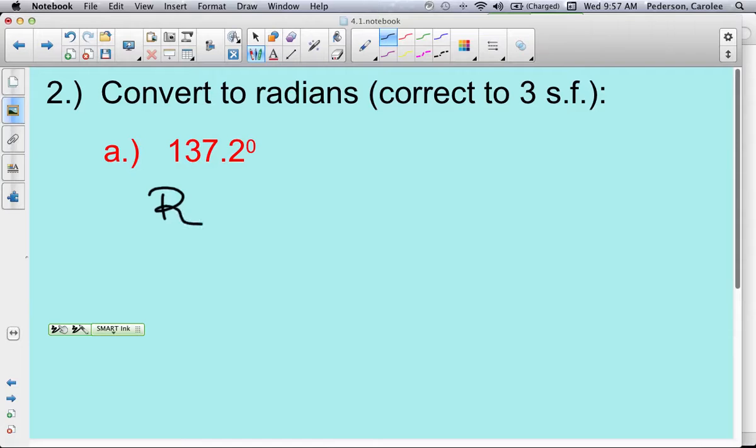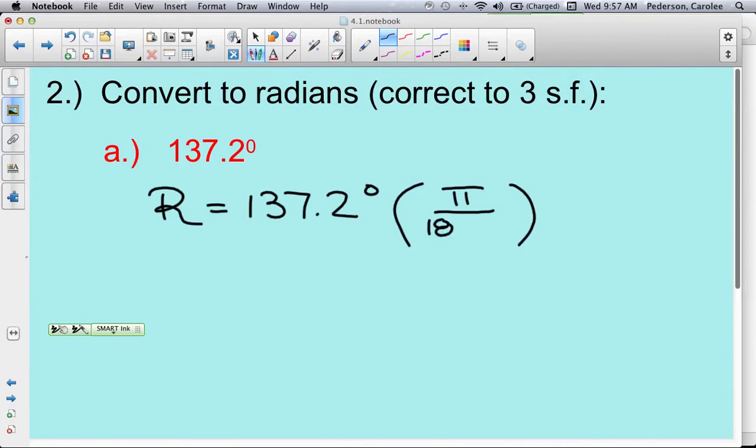So we're going to use the same fraction, 137.2 degrees, and then pi over 180 degrees. Now here's where you're going to have to use a calculator. We multiply across.